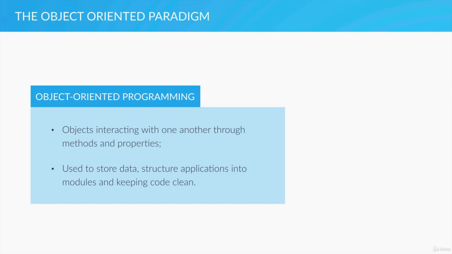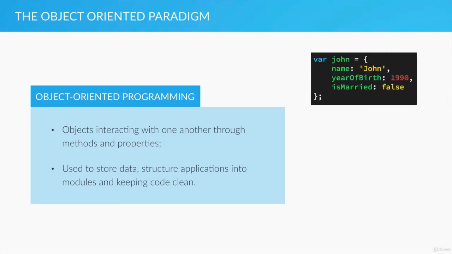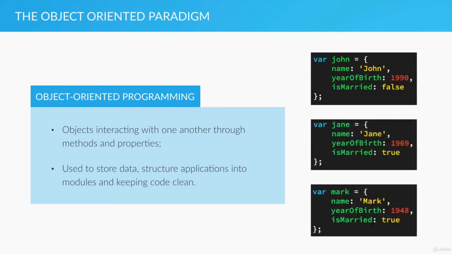We use objects to store data, structure our code, and keep our code clean. So far, we have only created simple objects holding some data. I remember the John object from the intro lectures. And if we had created other persons back then, we would simply have written them one by one, like Mark, Jane, etc., right? But there is a better way.